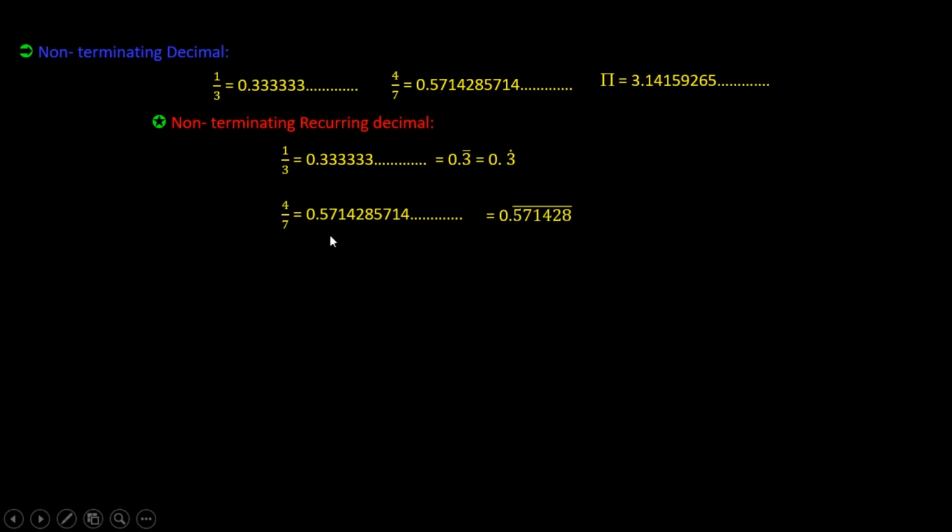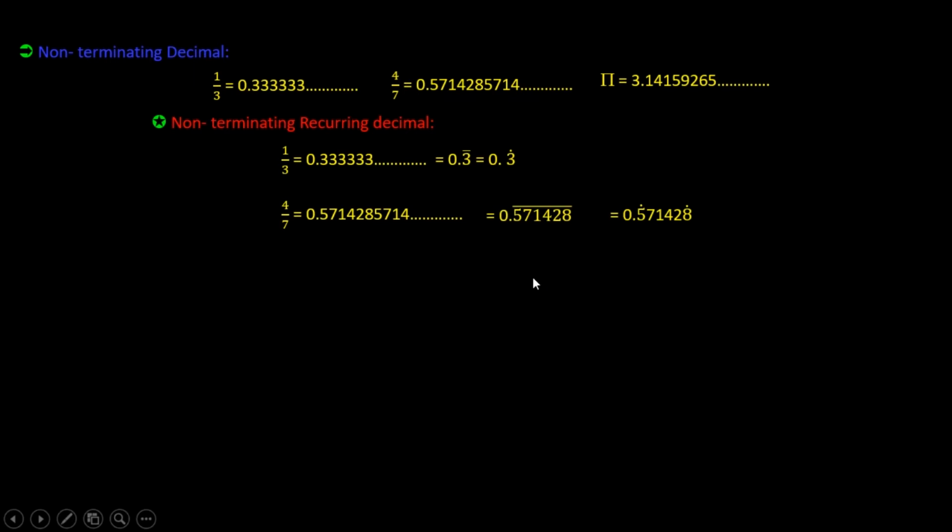So this is non-terminating, but the digits after the decimal are repeating in the same pattern. Or you can also write a dot here and a dot here, meaning these are the repeating digits starting from 5 and up to 8; after this 8, 571428 will be repeated up to infinite.